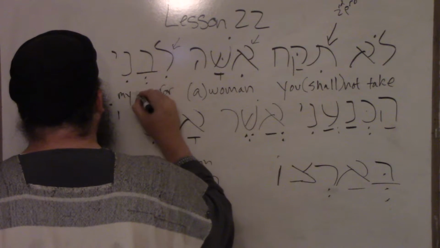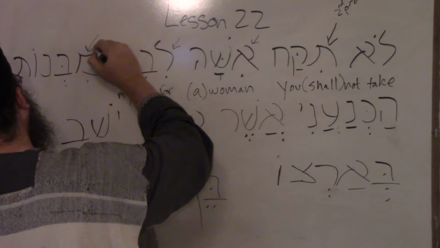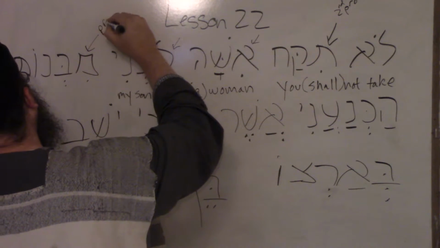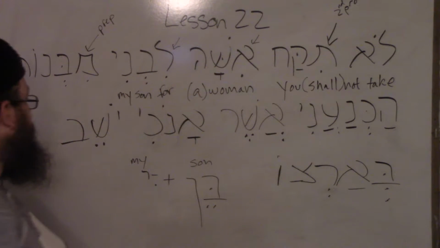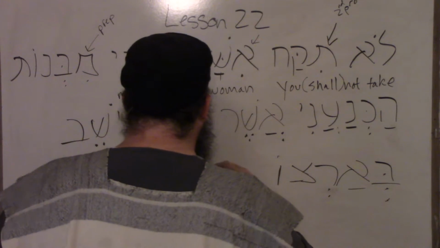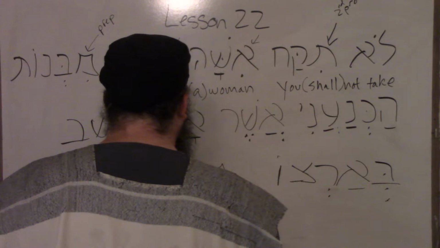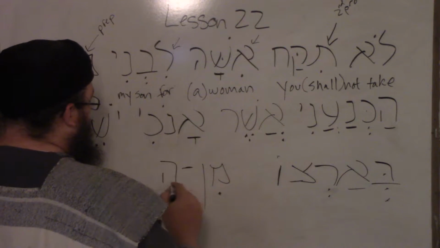For my son. Here we have to go back and know this is the preposition, an inseparable preposition in this case. Normally we would see min in the case where we would find a hey noun.